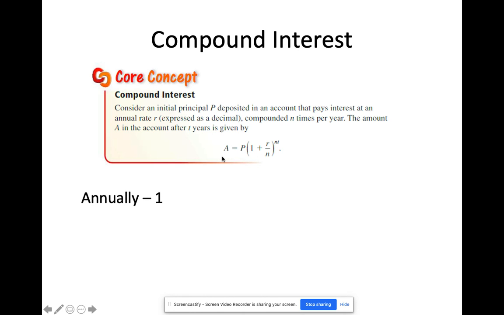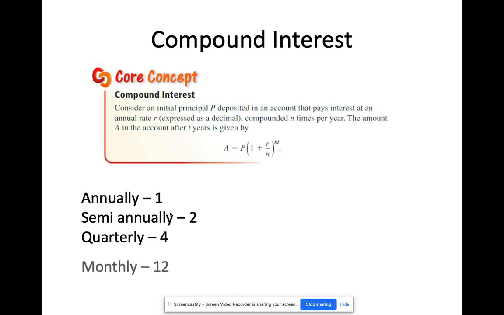The number of times n depends on how many times per year. If it's 1 time per year, we call it compounded annually. If it's twice a year, it's semi-annually. If it's every 3 months, it's quarterly. If it's every month, that's monthly. Or sometimes it's compounded daily.